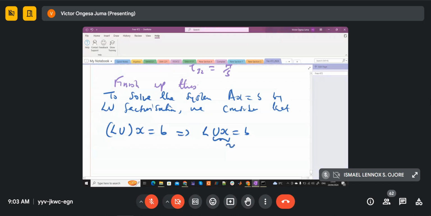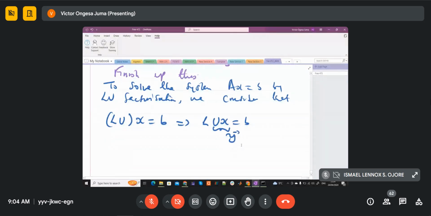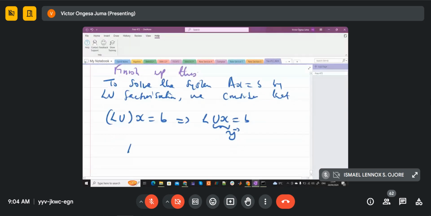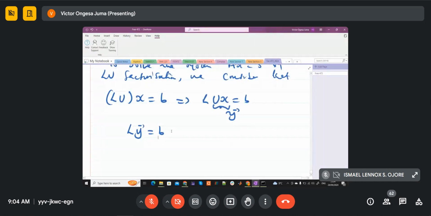So I can say let this be Y, so that now you have LY is the same as B. And if you have triangular matrices, solving them with unknowns is easier. And so if you have L, solve for Y by forward substitution.